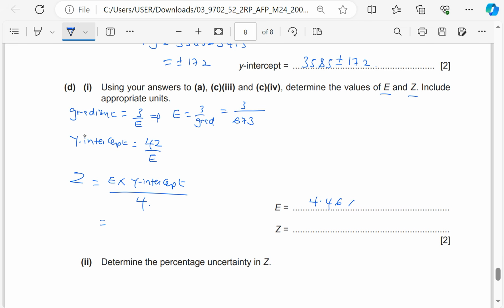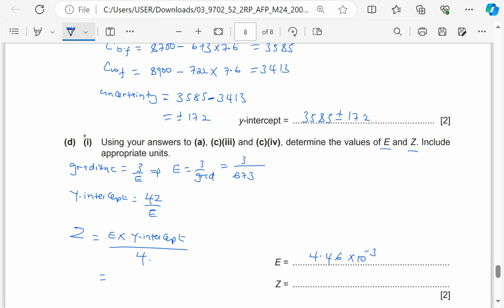4.46 times 10 to the power of minus 3. Remember, the gradient had units which were per ampere divided by kilo ohms. When this goes up, it becomes, gradient is at the bottom.